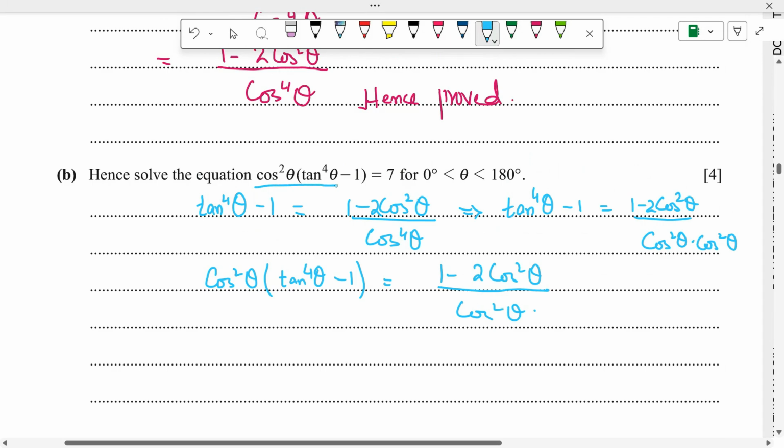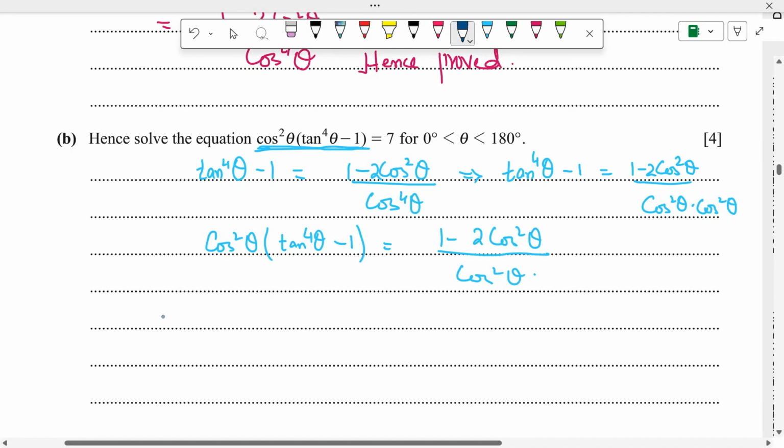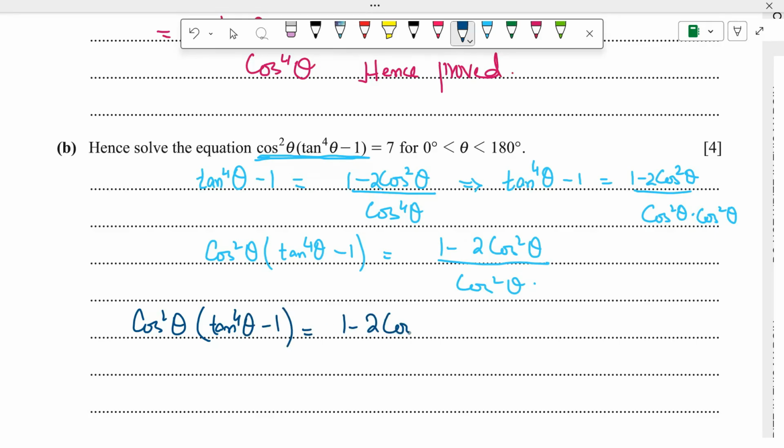So the left side of the given equation can be written as (1 minus 2 cos squared theta) over cos squared theta, which is equal to 7, as given.